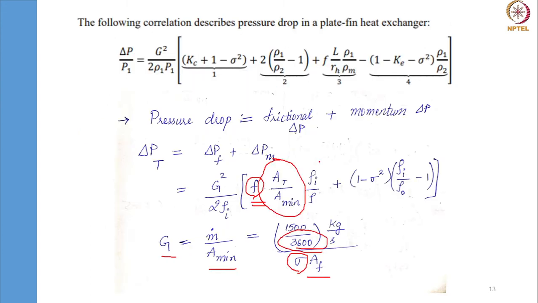Rho inlet, that is density at inlet point, is also known. Density at exit is also known. So what is this rho?